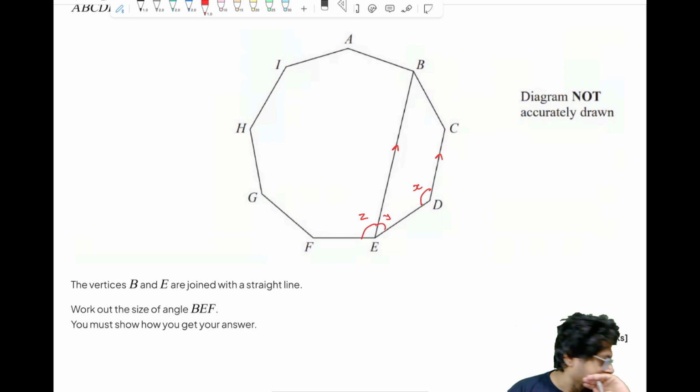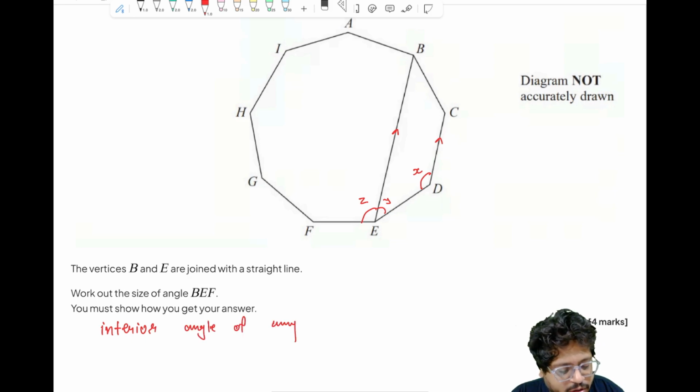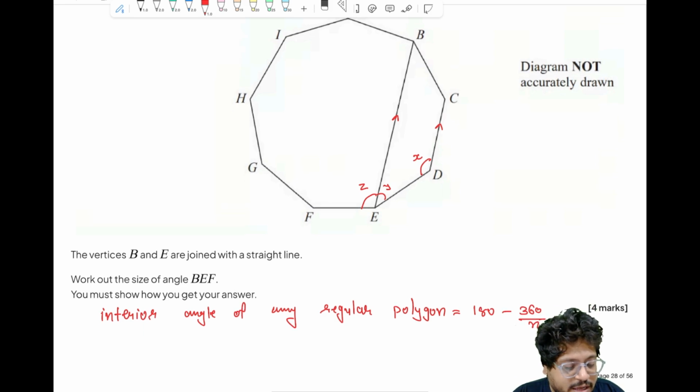Now x is an interior angle of a regular polygon, and for the interior angle of any regular polygon we have this formula, and that is 180 minus 360 upon n, and here n is 9 because it is a 9-sided polygon, and each interior angle is x, so x is equal to 180 minus 360 upon 9.